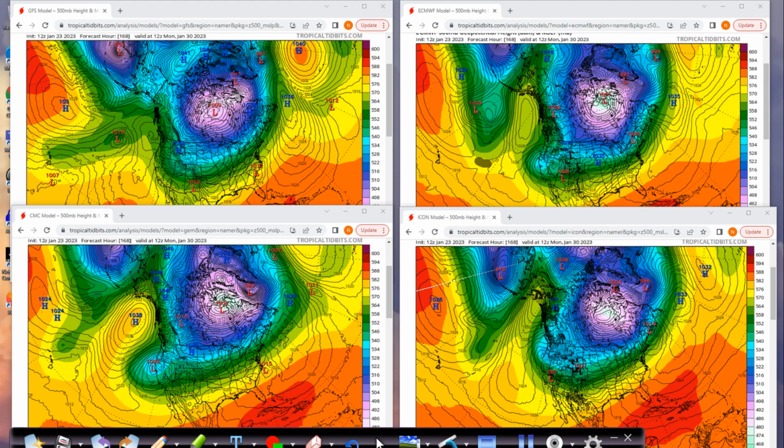The European model keeps the ridge. It's a little weaker. It does move that colder air through fairly quickly into California, just like the Canadian model does. The European and the Canadian model tend to be fairly similar sometimes in terms of how fast they can progress that cold air through the northwest.